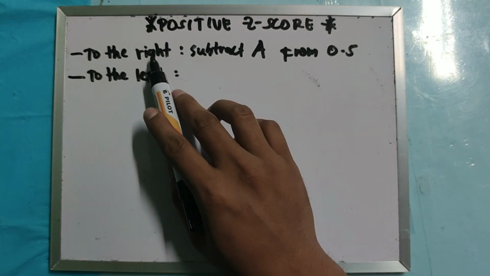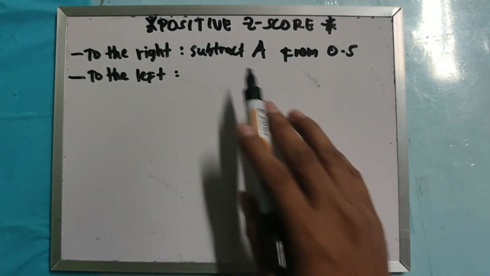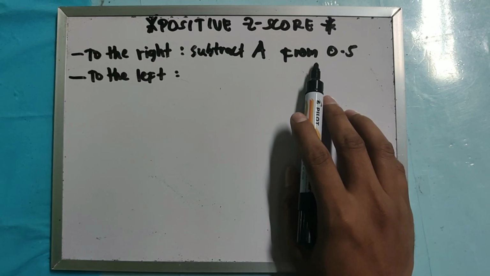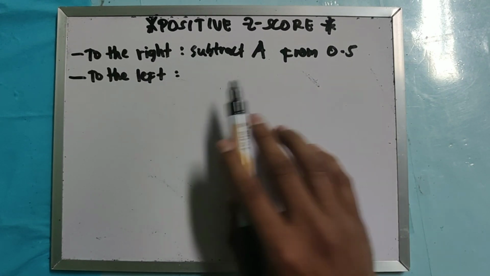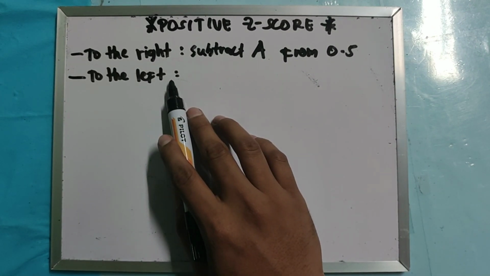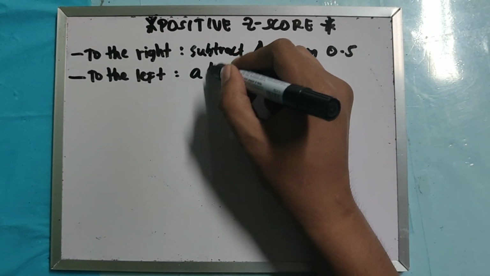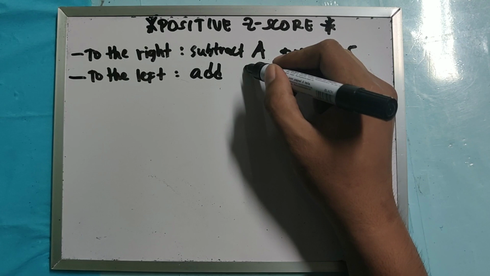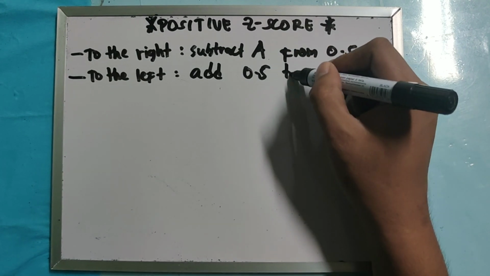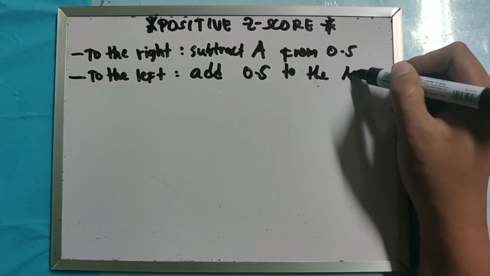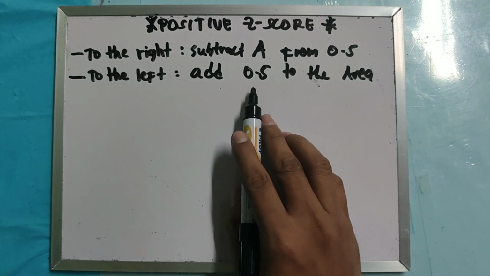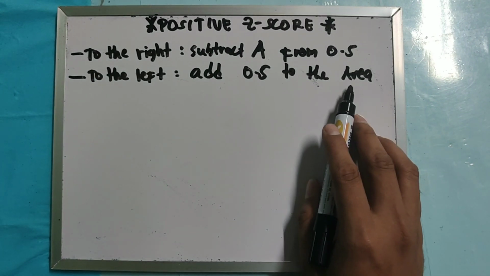Okay? To the right of a positive z-score, subtract the area from 0.5. Or, if to the left of the positive z-score, add 0.5 to the area. Reverse lang. Add 0.5 to the area.